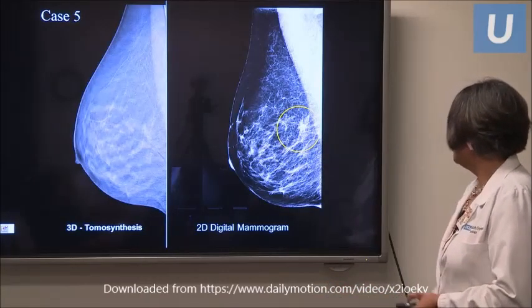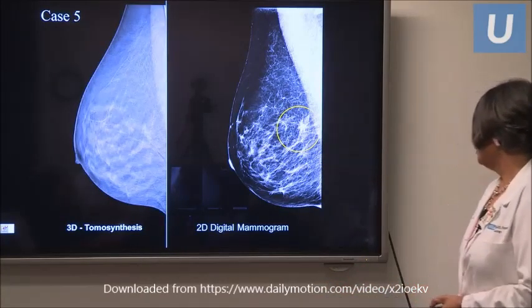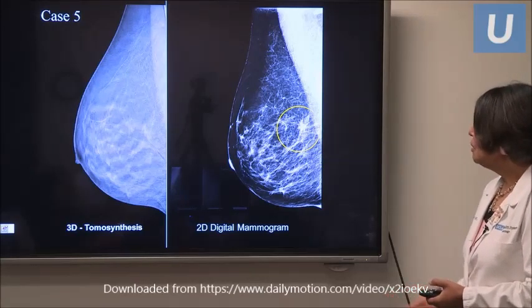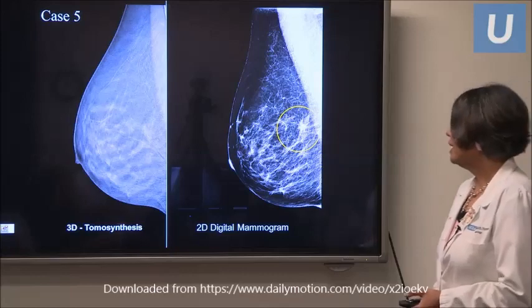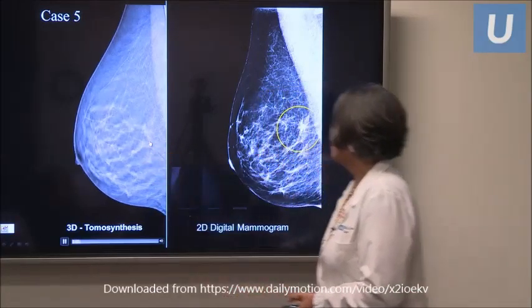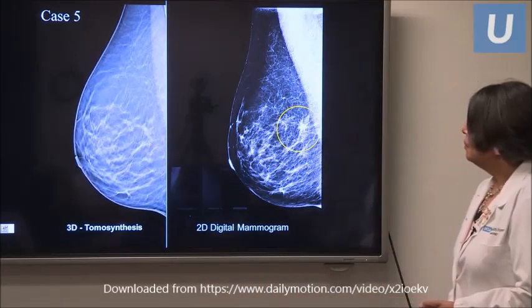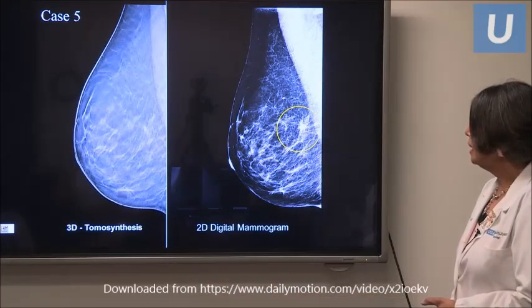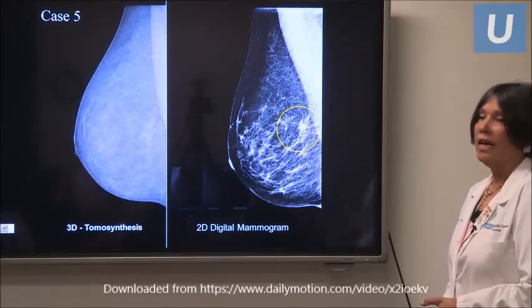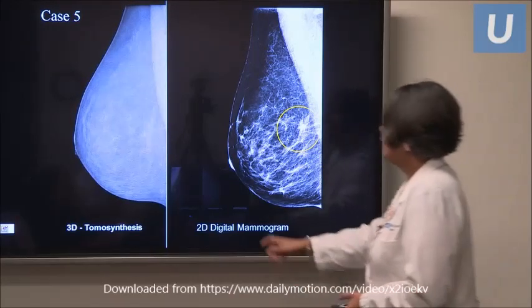Now, on my near screen, in the circle, there's something that's irregular on the image. And so we're using the 3D tomosynthesis to further evaluate that. On this screen, as we keep looking as it goes through, we don't see it. I'll run it again.